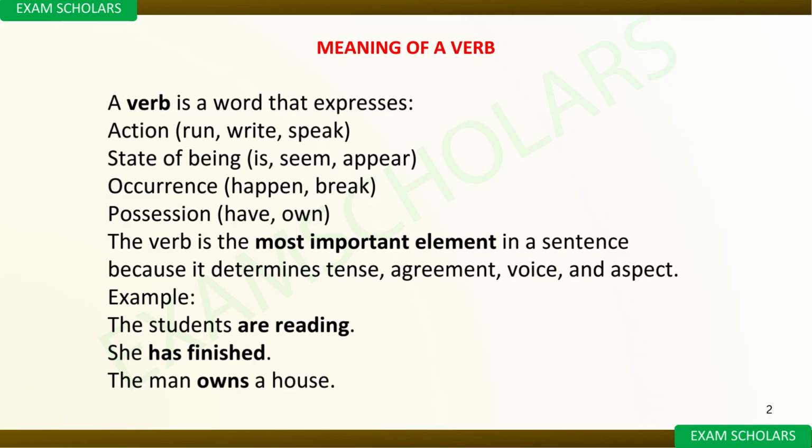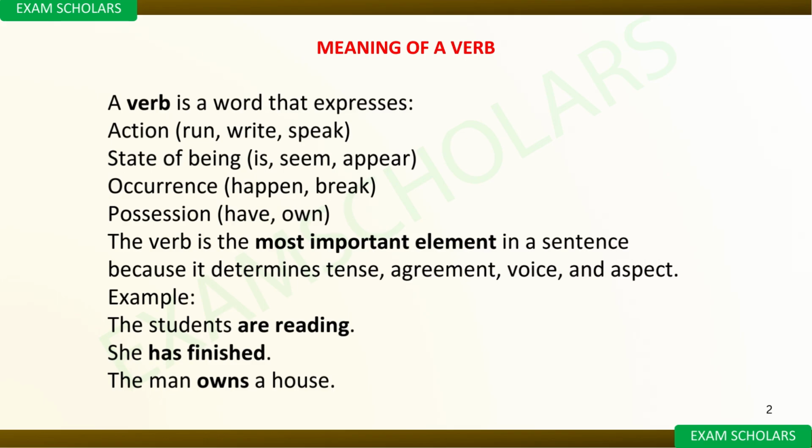So verb is not just an action word, it's not just a doing word, but it's also a word to express the state of being of a thing, to express the occurrence of an action, and to express possession of an item or an object, or who possesses what.